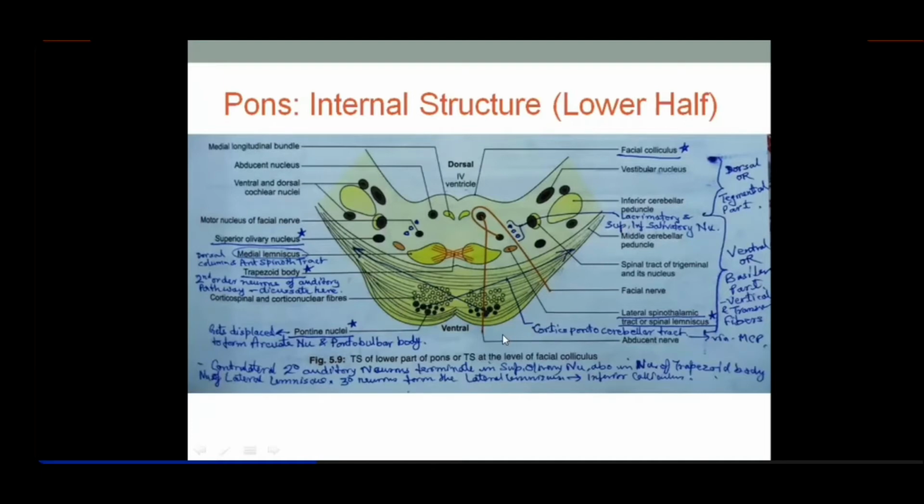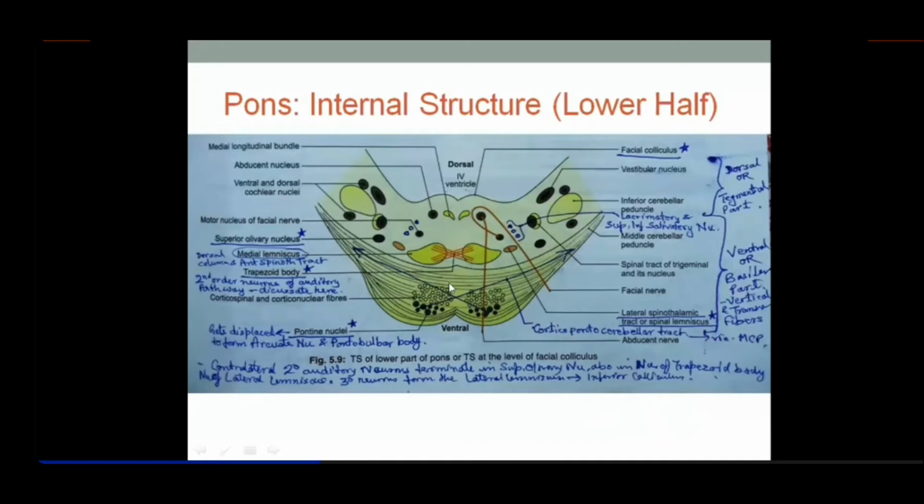So basically remember that the middle cerebellar peduncle is made by these pontocerebellar fibers, and they reach the opposite cerebellar hemisphere after decussating. And you can see the cortico-pontocerebellar tract reaches the opposite cerebellar hemisphere via the middle cerebellar peduncles.